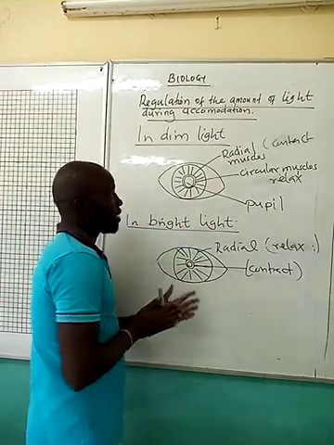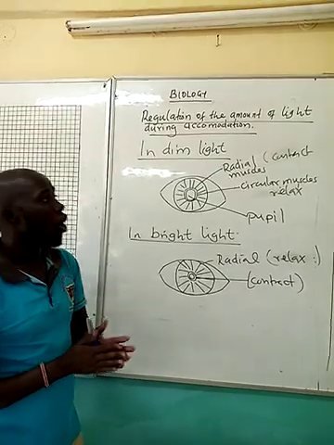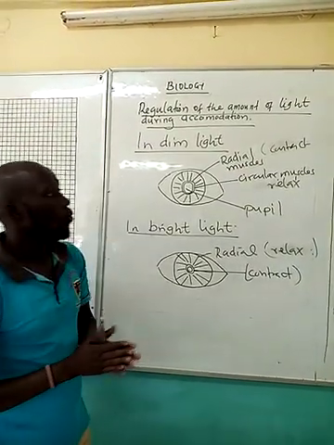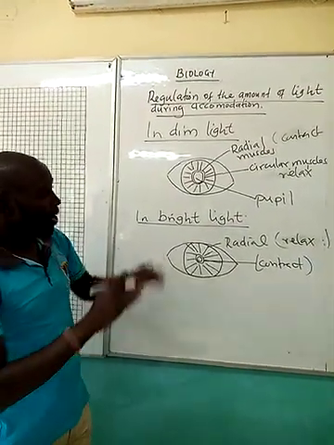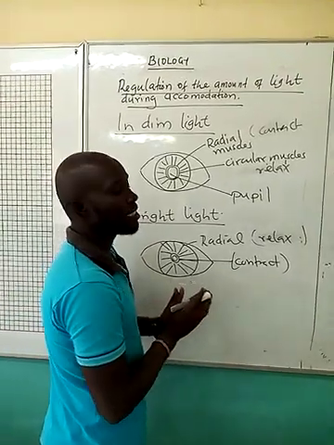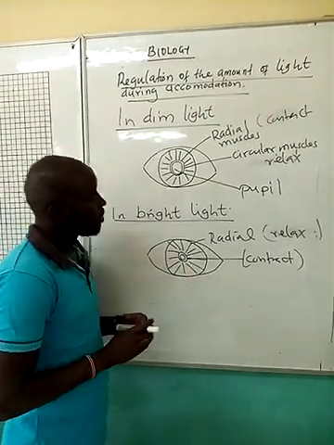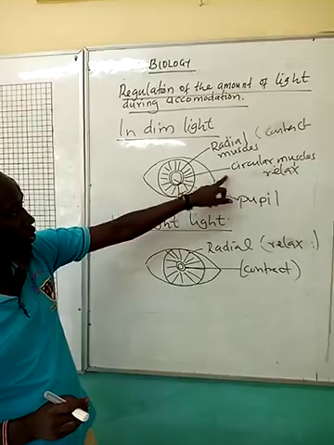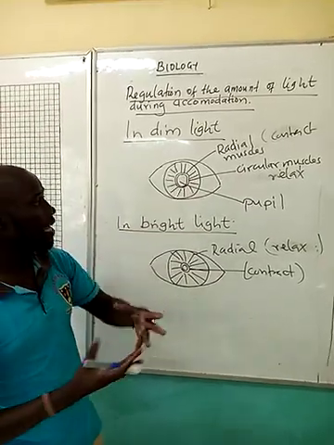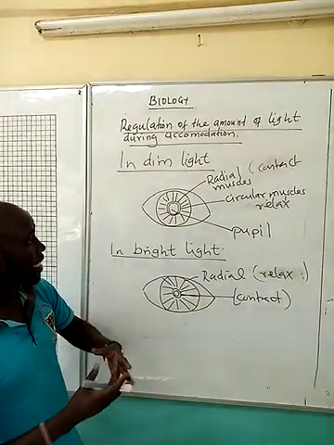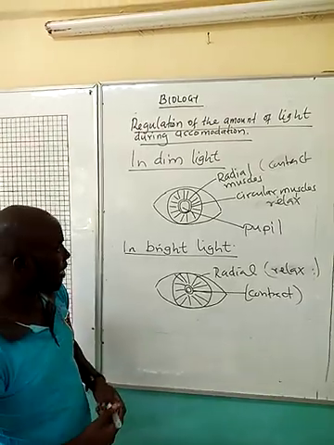During that time, the radial muscles of the eye will contract. When they contract, that means that they become shorter. Then, the circular muscles, on the other hand, you can see they relax. When they relax, that means that they can easily be manipulated.